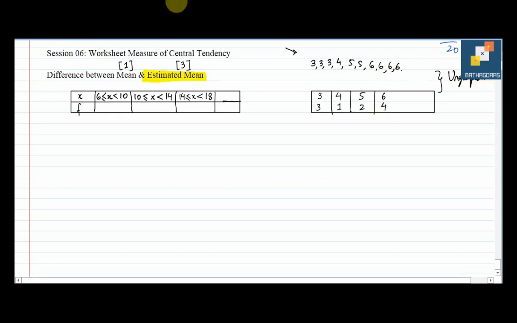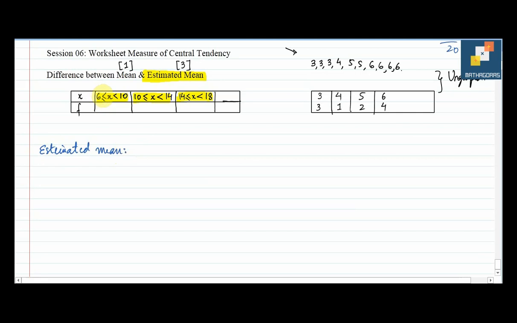So for grouped data, the difference is that your class interval must be in a boundary. All right, so that is the difference. And in grouped data, in this type of question, you need to find the estimated mean, where there is no specific value of x, right?